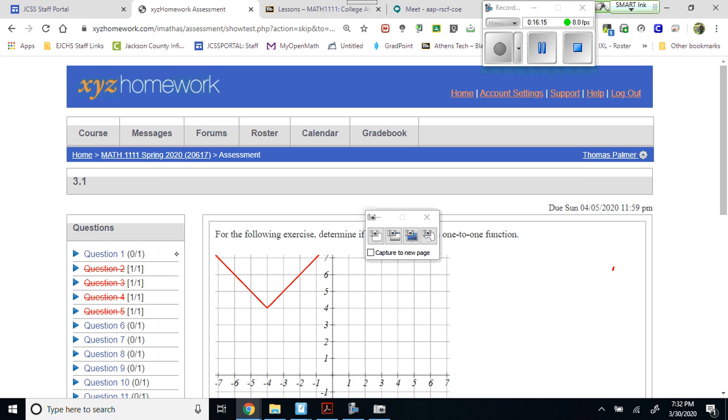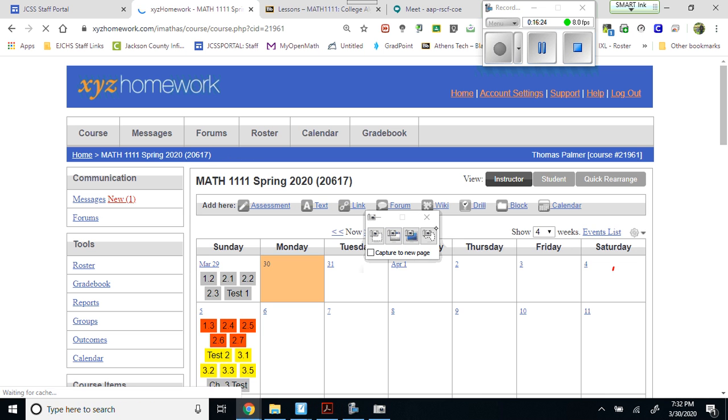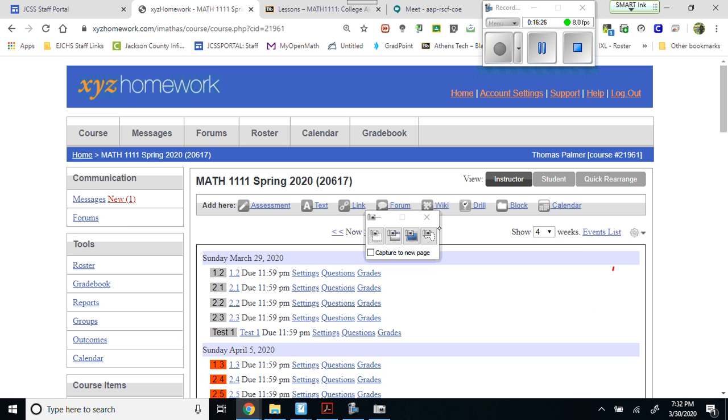But that's really what 3-1 is, right? Now 3-2 is not bad. 3-2 is pretty simple.